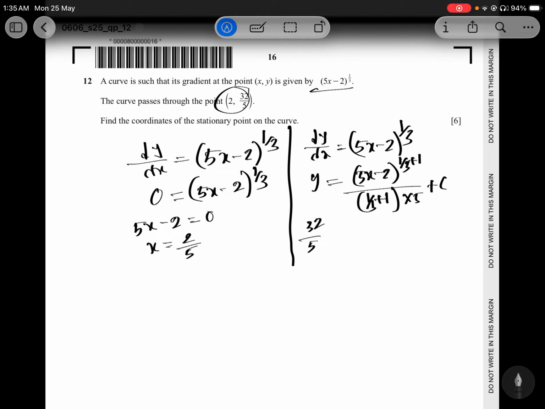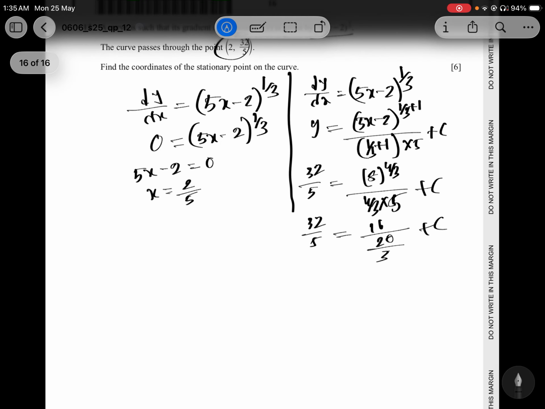So 32 by 5, 5 to the 10, 10 minus 2, 8, 8 to the power 4 by 3, 4 by 3 times 5 plus c. 32 by 5, 2 to the power 4 is 16. 32 by 5 minus 48 over 20 is c.